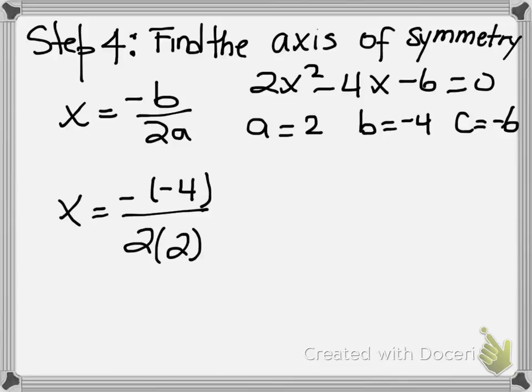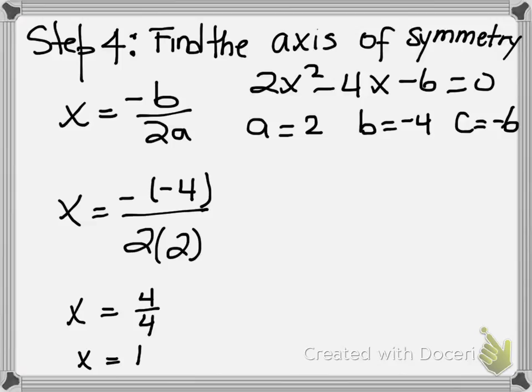And we have negative times the negative 4, which is b, over 2 times 2, which is a. That gives us 4 over 4, and we get 1.